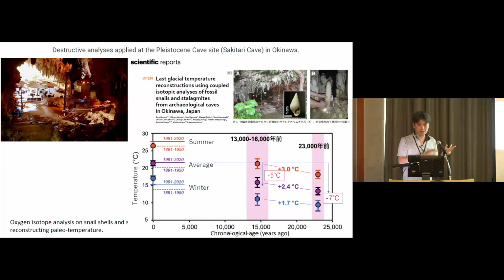The paleo temperature data is not directly related to the evaluation of the archaeological site, but temperature data is quite important for considering the paleoclimate and human life at this place.